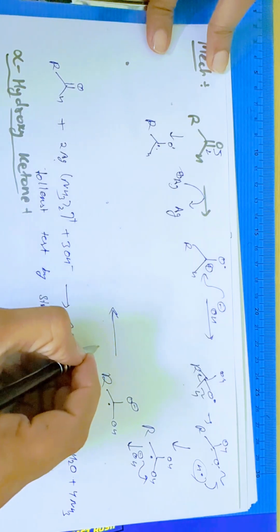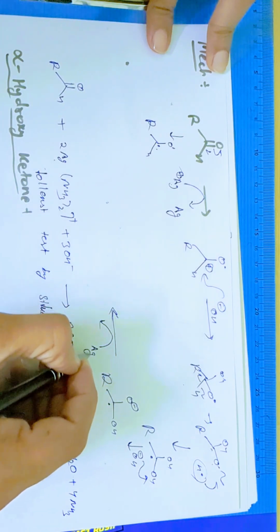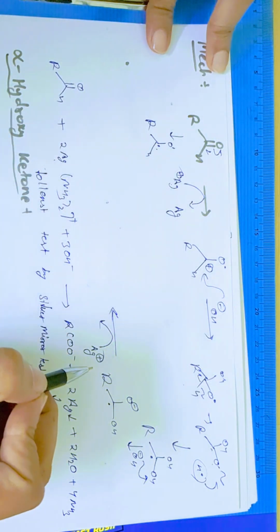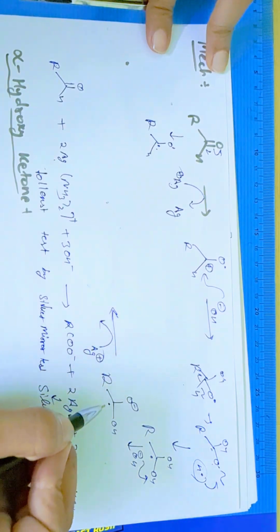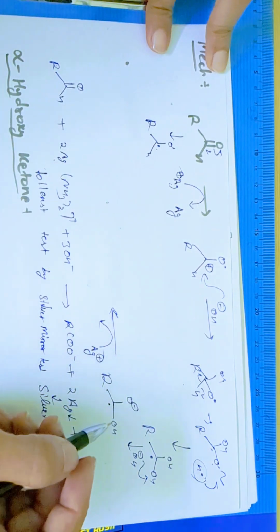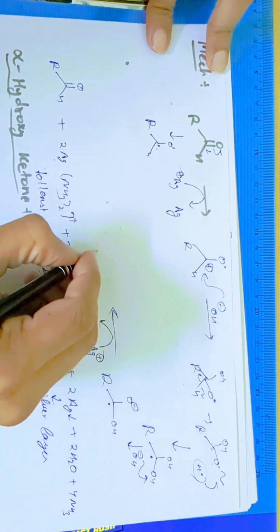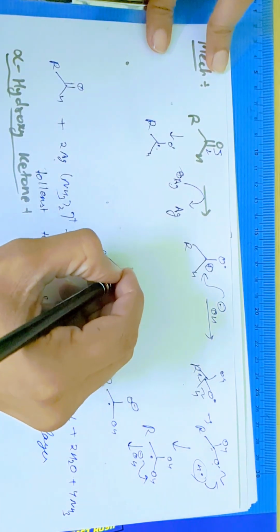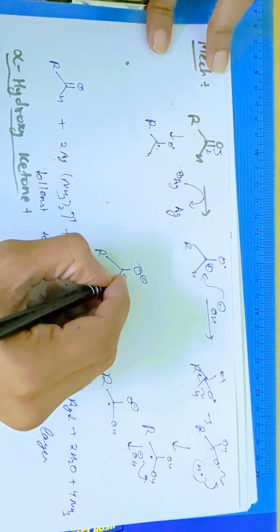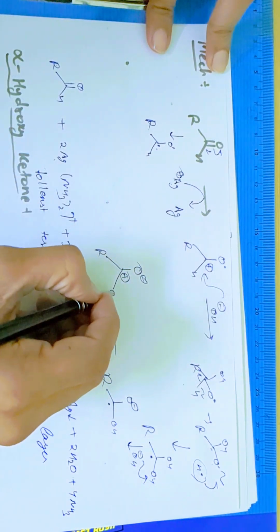Again this Ag positive takes this single electron and converts into Ag0, and we get here O negative and positive, and OH.